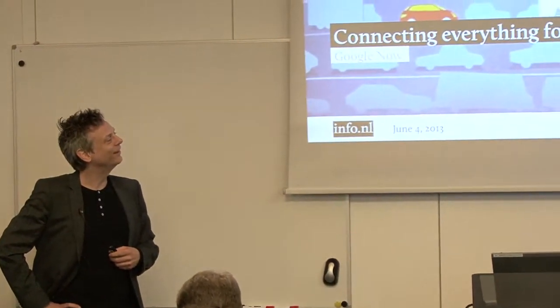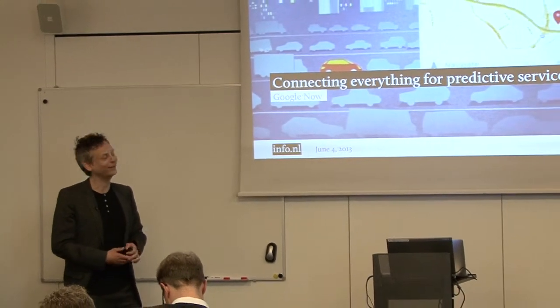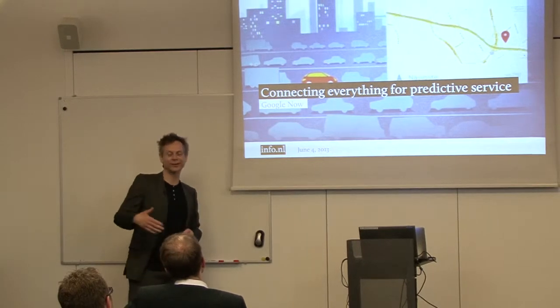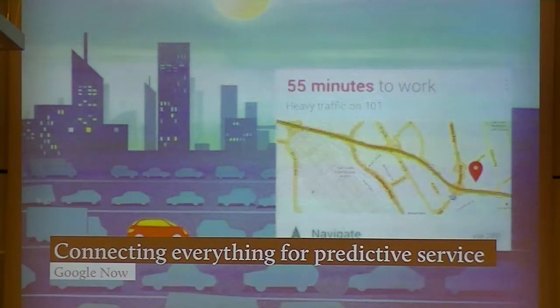And Google is, of course, the profound example of this, with the Now service. If you are a client of Google, and who isn't, you will probably be profiled by them, and they will predict what you like in the next hour, in the next day, in the next year. If you like it, I don't know, but they're doing it.